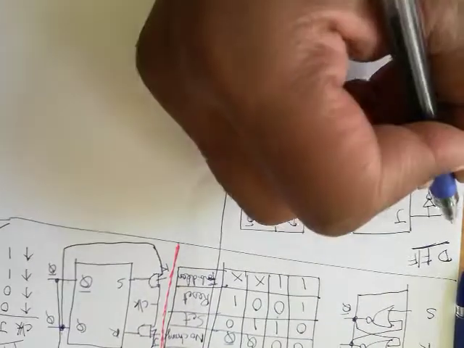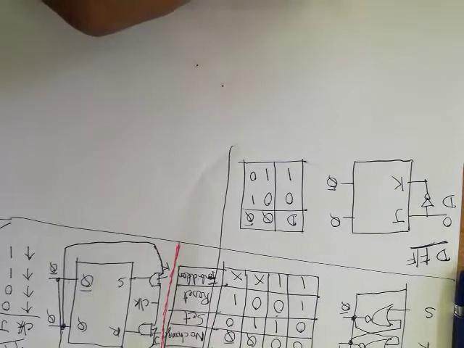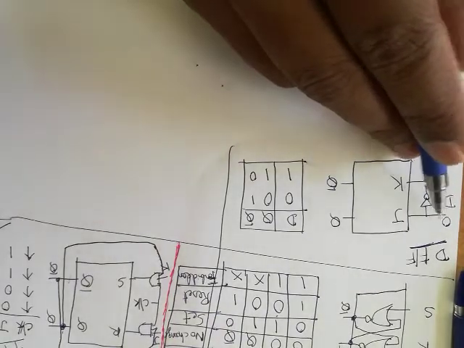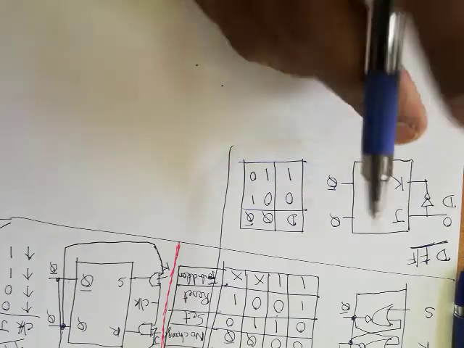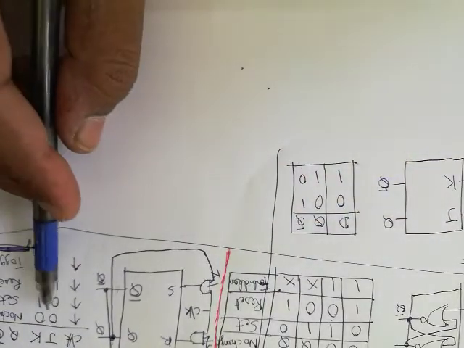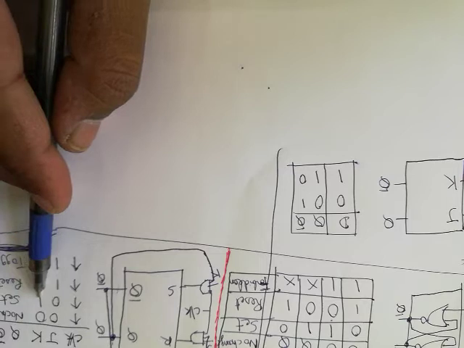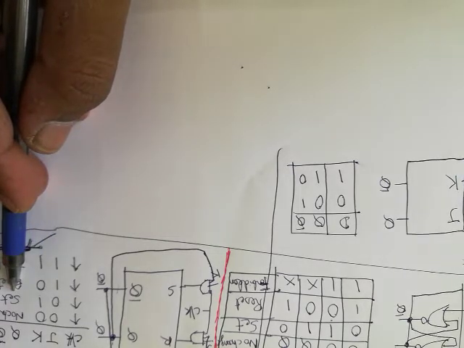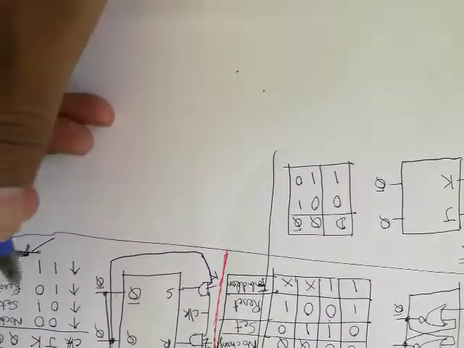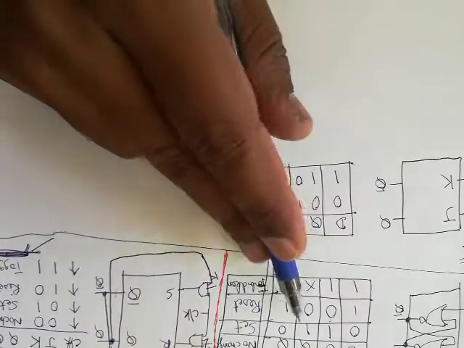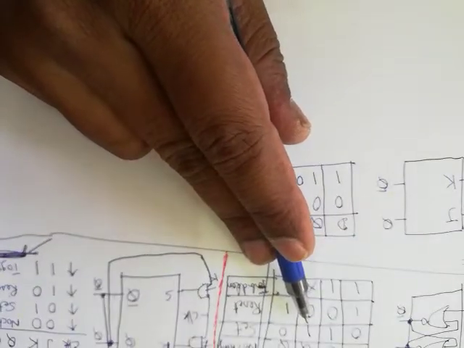If we add a NOT gate here, JK flip-flop will start operating as a D flip-flop. We'll take an example, say we are giving 0 here. So 0 is given here, 1 is given here. So JK is given as 0 1. Q should be set. But here we have set condition, so Q will go to 1.